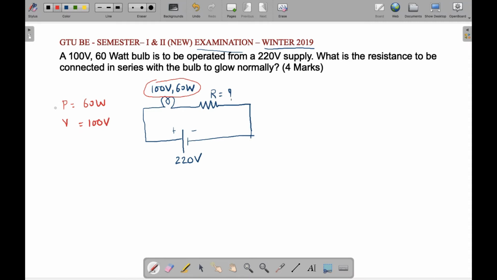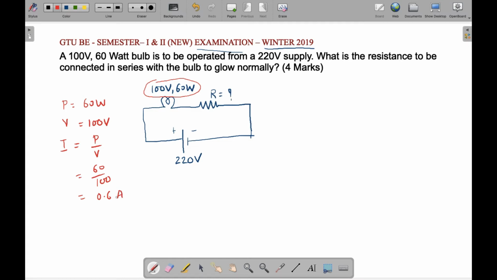This is the rated power and this is the rated voltage of the bulb. From this we can get the rated current of the bulb. The rated current will be P by V, which is 60 by 100, equal to 0.6.